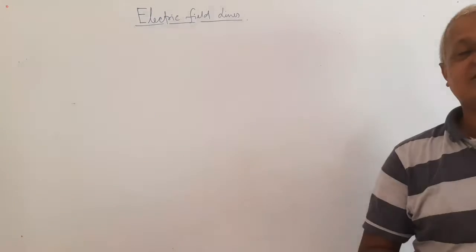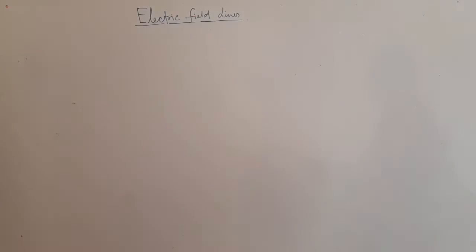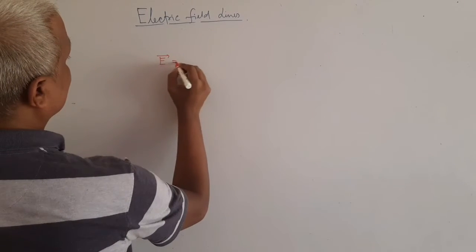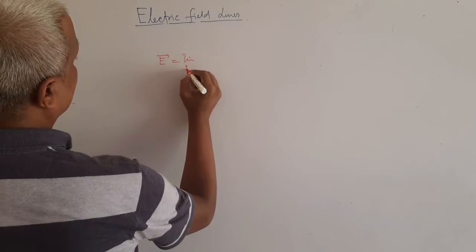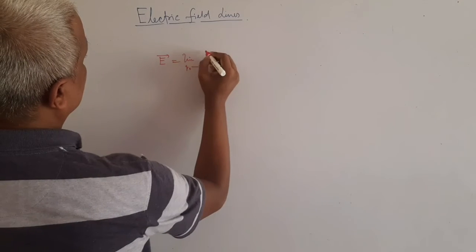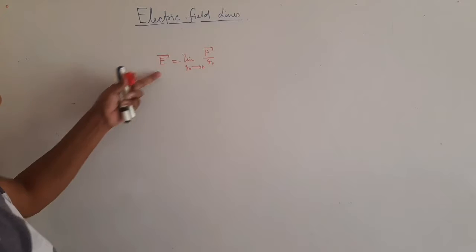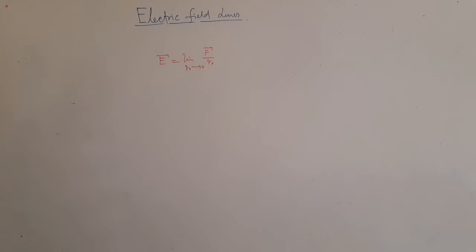Electric field is defined as the force upon charge: electric field is the limit as Q naught tends to 0 of F bar over Q naught. This quantity is called electric field.